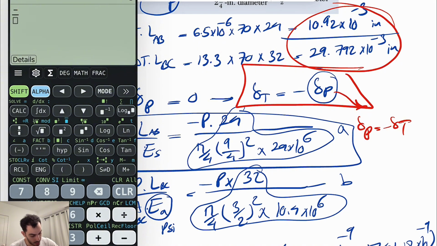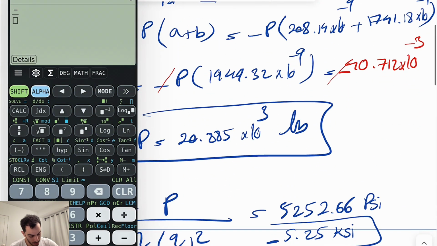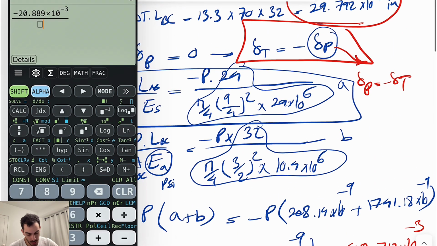The force was 2.889 times 10 to the 3, and in the denominator we have pi divided by 4 times 9 divided by 4 squared times 29 times 10 to the 6.